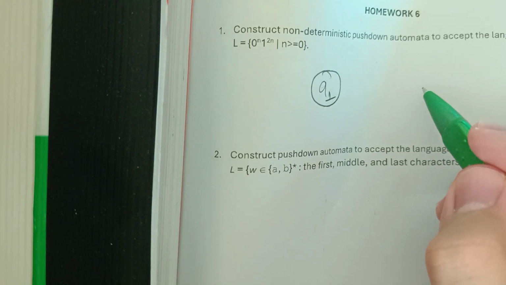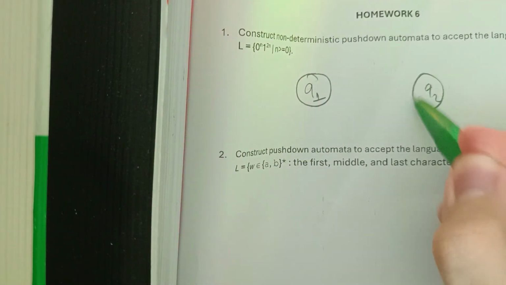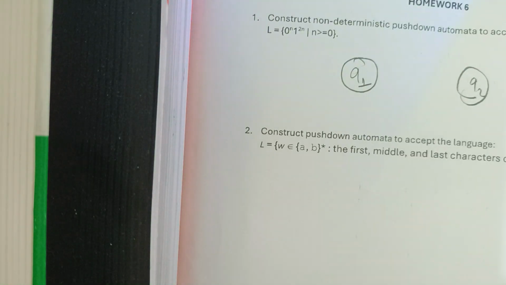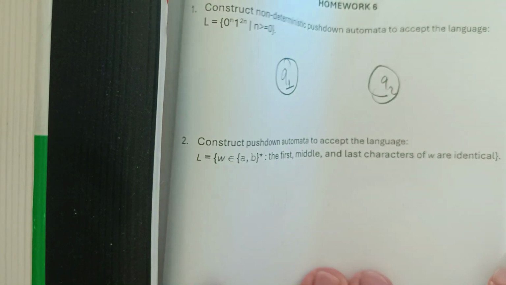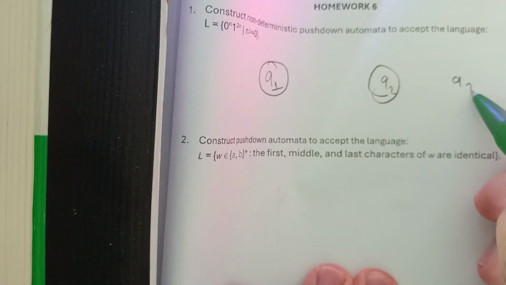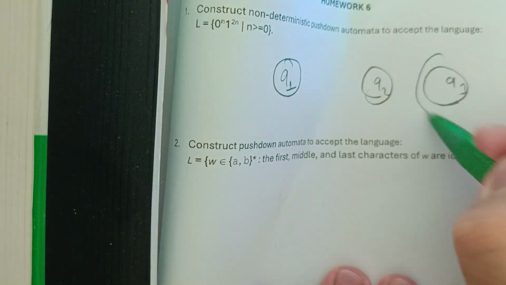This is Q2. Let's draw the acceptance state Q3. Accepting state.